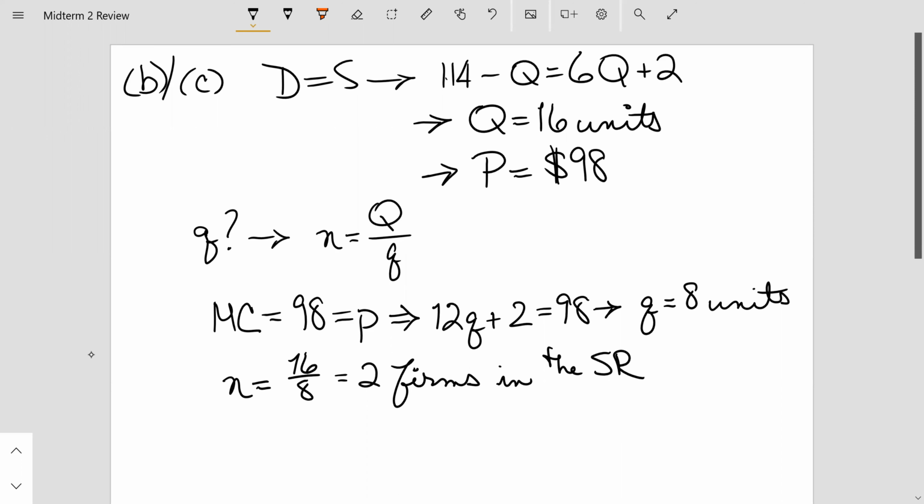And then we can get profit. Because now that we have everything, since all firms are identical, they'll have the same profit.